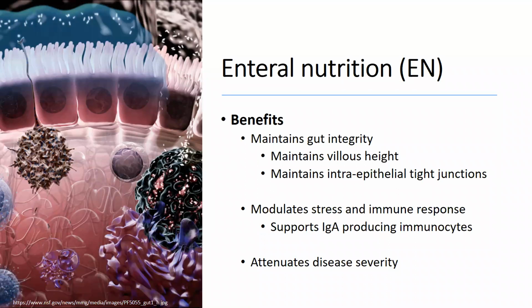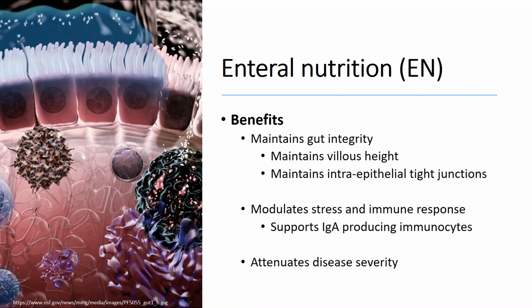You've got your microvilli, you've got your epithelial tight junctions, and then there's a humoral immunity layer under that. So the benefits of enteral nutrition are to maintain that villus height and the intraepithelial tight junctions. And by doing so, you're preventing that translocation of bacteria, because critical illness is a stressful time for the epithelial layer of your intestines.